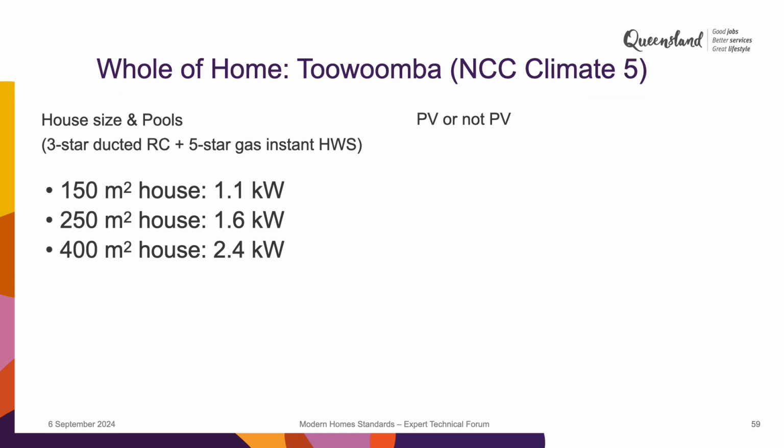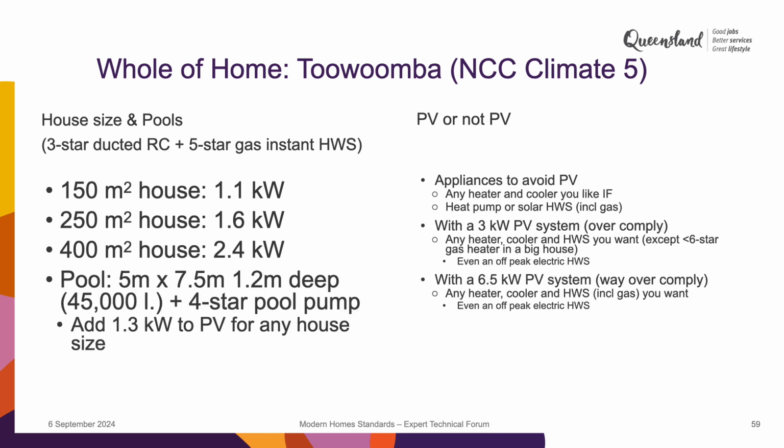And finally, same sort of thing in Toowoomba, similar sorts of PV requirements with the same combination of heating, cooling. With a pool, now you're adding about 1.3 kilowatts to get compliance.